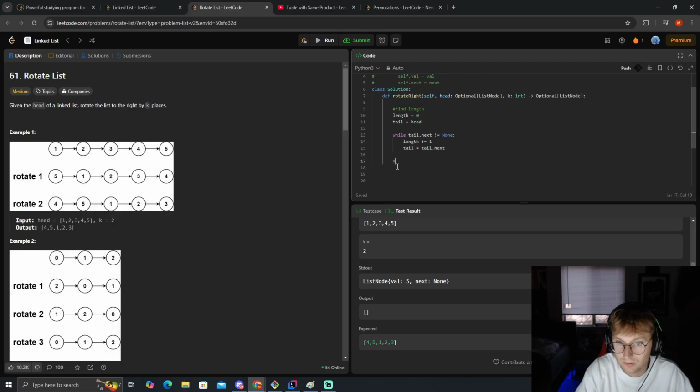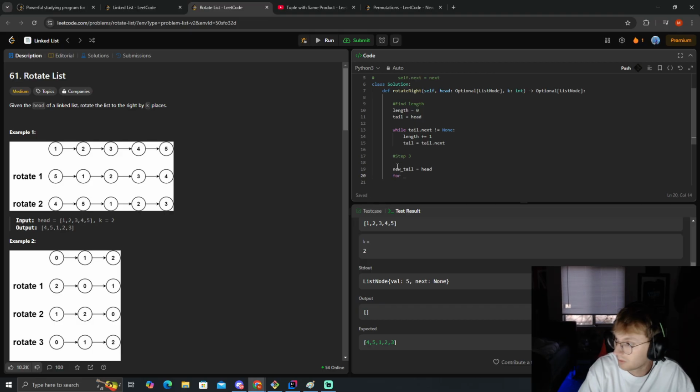Step 3, find the new tail at position length minus K minus 1. New tail is equal to head. Length minus K minus 1. Range the length minus K plus 1.